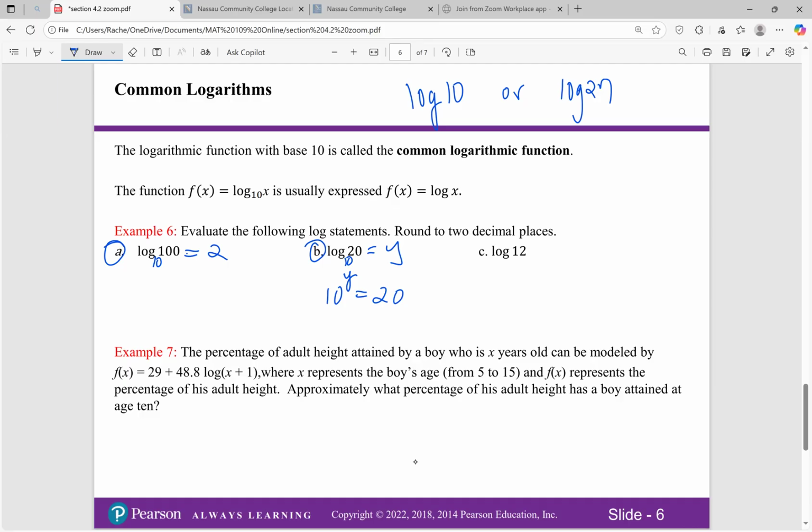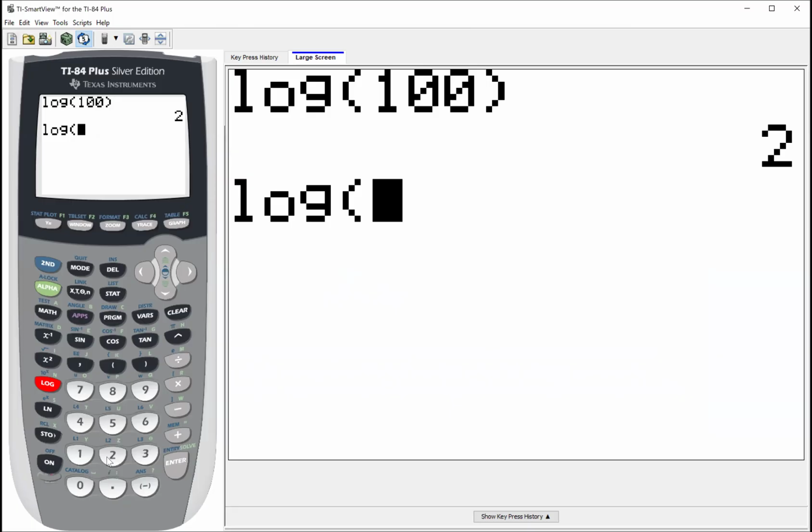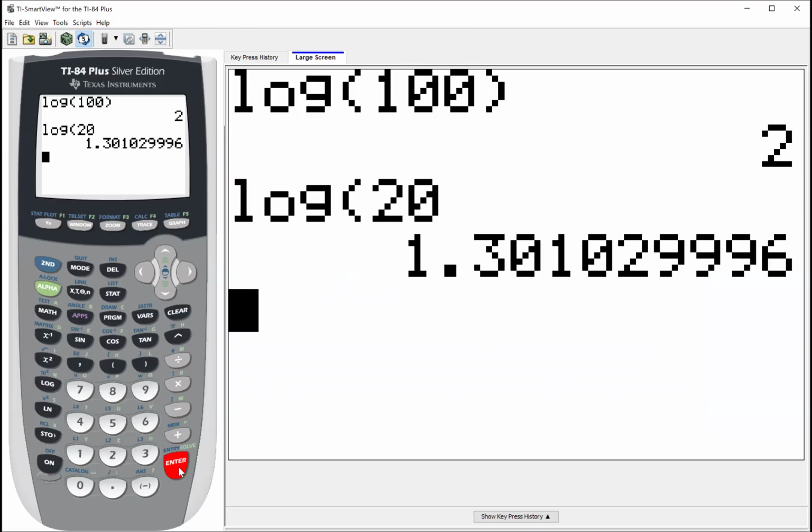So the exponent has to be somewhere between 1 and 2. We're not going to do that in our head. This is the case where we'd use the calculator. So let's type in log of 20, which should be 1 point something because it's going to be between 1 and 2, and we get 1.30.